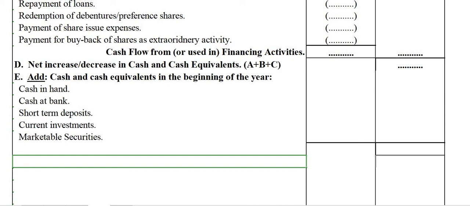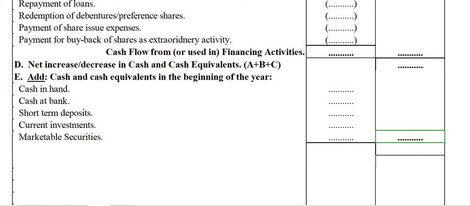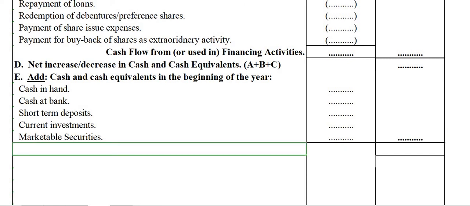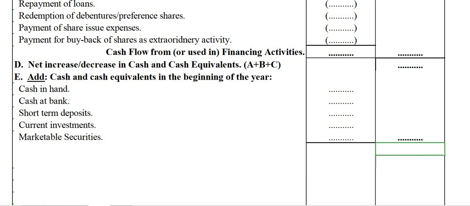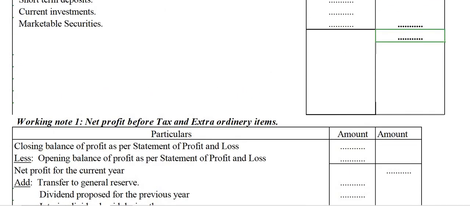So we are adding all those items, and we'll write the total amount in the outer column. Then this will be added and written down. That means net increase or decrease in cash and cash equivalent plus opening balance of cash and cash equivalent will be added and written here.